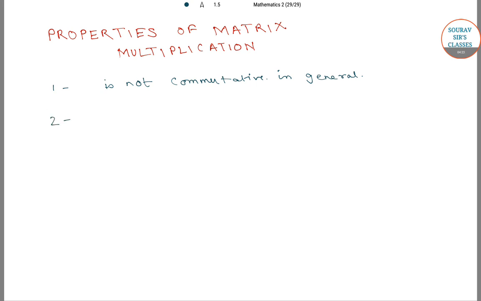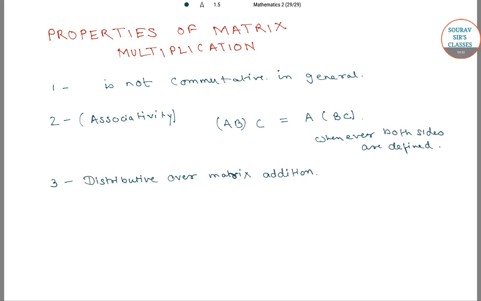Second is the property of associativity. It states that the product of AB and C is equal to the product of A and BC whenever both the sides are defined. The next property states that it is distributive over matrix addition.